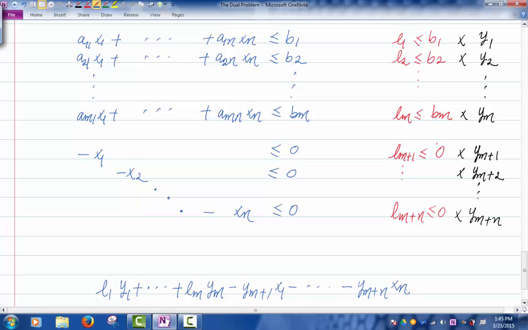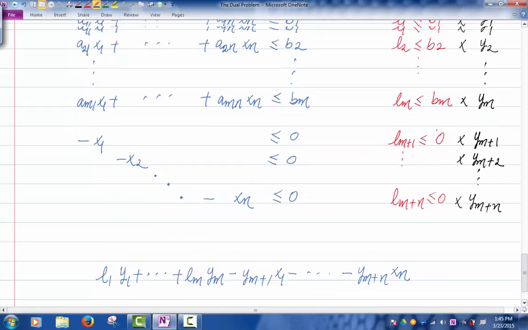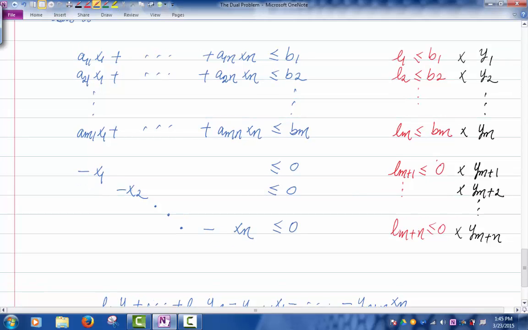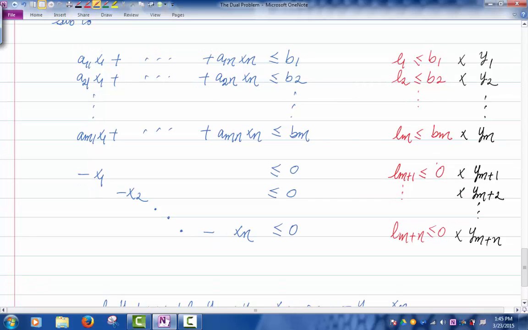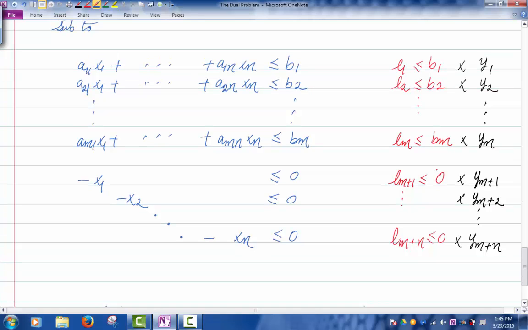So basically what I have written down is what I get on the left hand side when I add all the constraints after multiplying by y1 up to ym plus n. And then what do I get on the right hand side? When I add all the constraints together, I'm going to get y1 b1, right? y2 b2, dot dot dot ym bm.